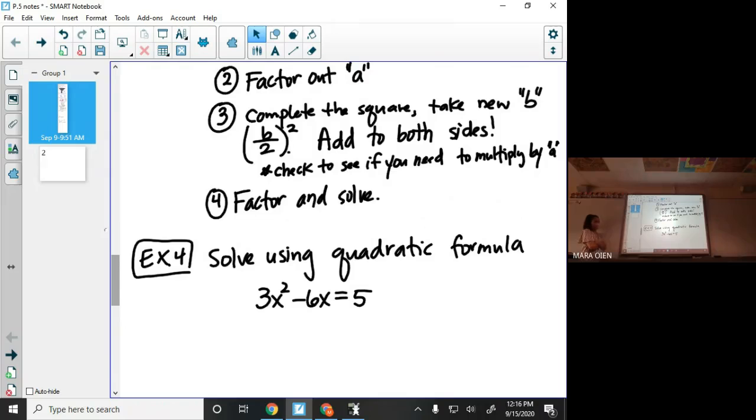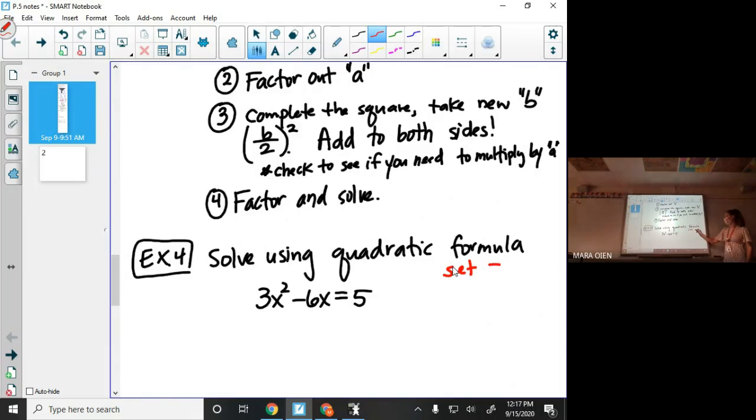Then we're going to solve using the quadratic formula. So I have 3x squared minus 6x equals 5. When we solve using the quadratic formula, it's kind of like solving by factoring and solving by graphing: it has to be set equal to 0. So off to the side here, I'm just going to do a little reminder.